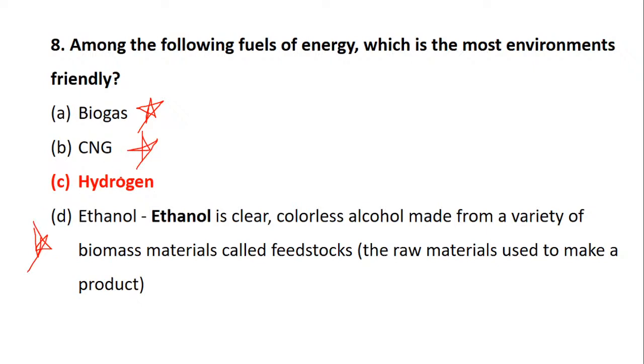All of them are environmentally friendly, but biogas, CNG and ethanol produce a minimal amount of pollution, so they do not stand in competition with hydrogen. But if hydrogen is taken out of the options, the next will be CNG. Is it clear now? So there are two types of questions.